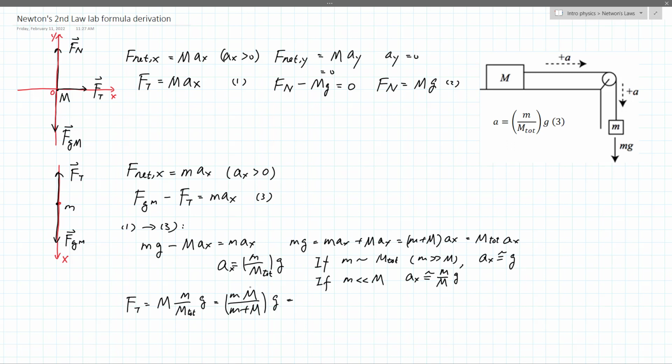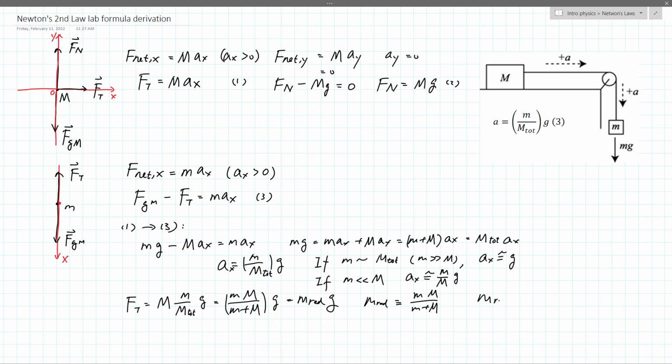And I'll name this whole thing m reduced times g. So m reduced is equal to this Mm over m plus M. Let's put 3 bars, equivalence. First time we introduce a concept, we have this equivalence.